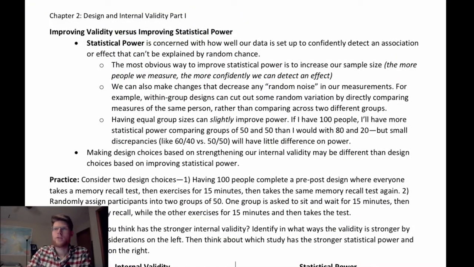All right, so I'm sure that many of you probably haven't heard this term before. Maybe some of you have, but I'm going to guess this is probably a pretty new idea for a lot of folks. But statistical power has to do with how well our data, how well our design is set up to confidently detect an association or effect that can't be explained by random chance.